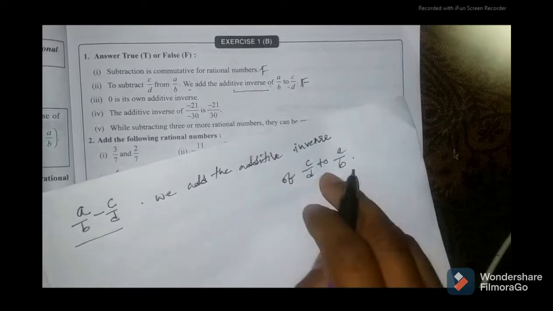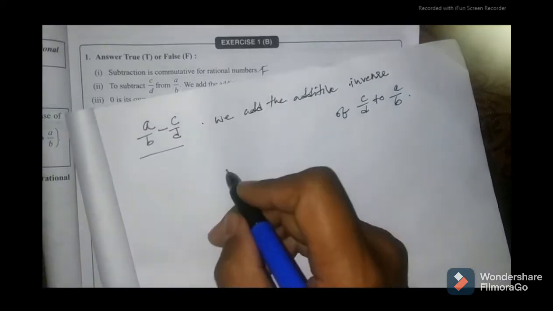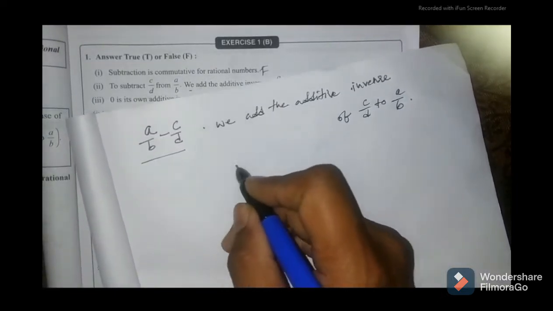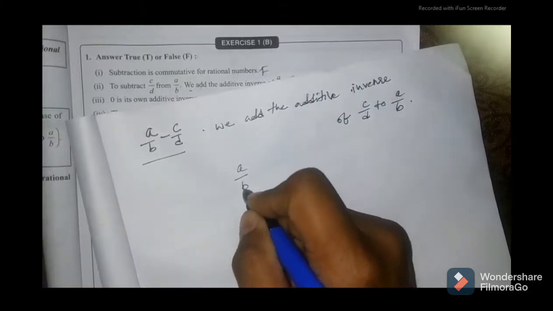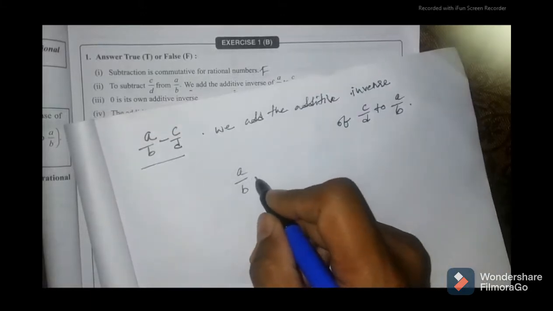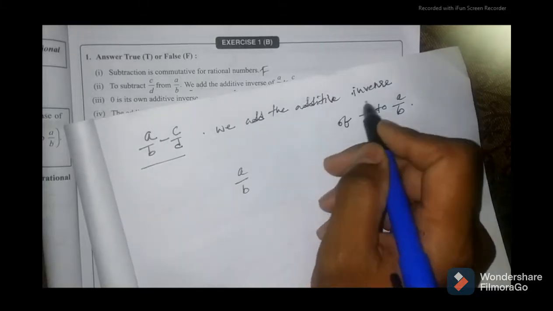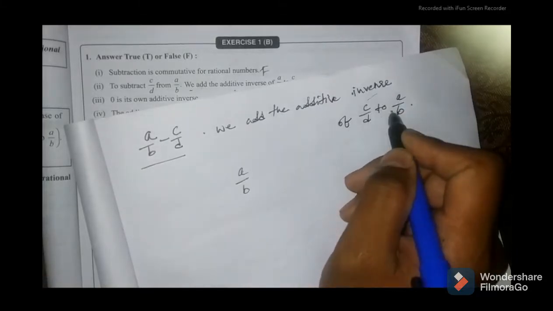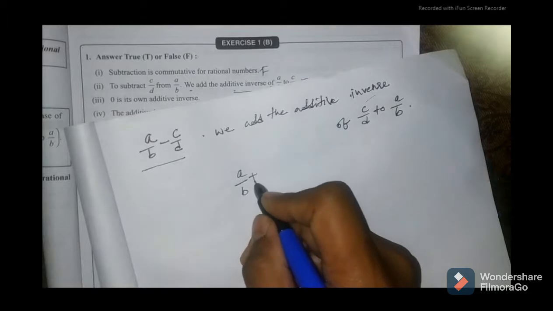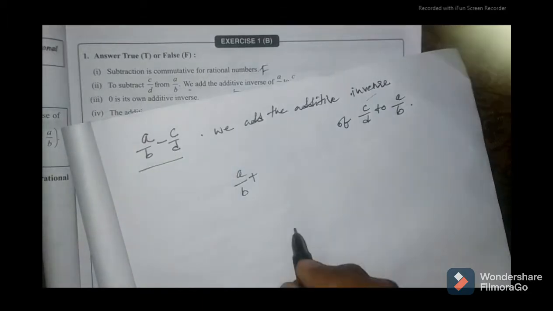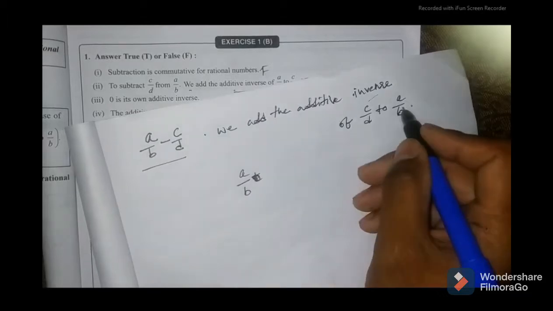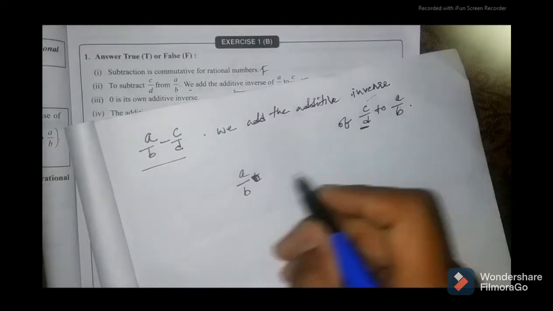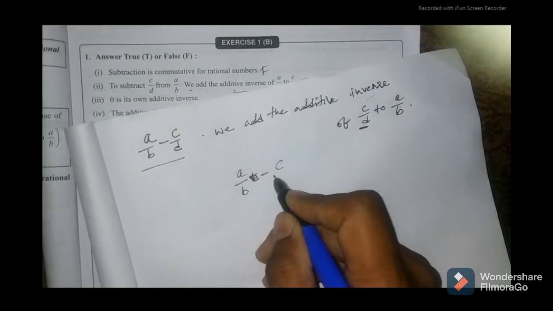Then only it becomes a by b minus c by d, since the additive inverse of c by d is minus c by d.